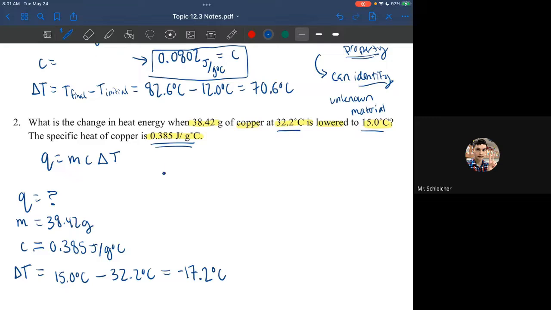So unknown Q is equal to 38.42 times 0.385 times this negative 17.2. And really the algebra here is very easy. We could just multiply these numbers across and see what we get. Negative something, for sure. If we don't get a negative number, recalculate it.